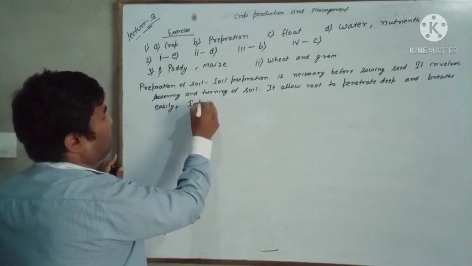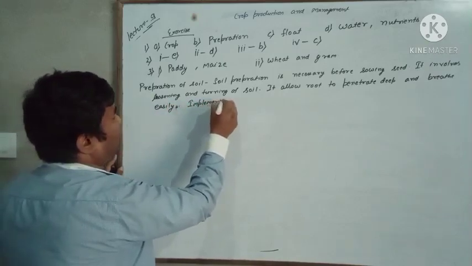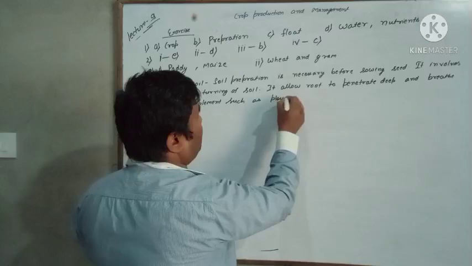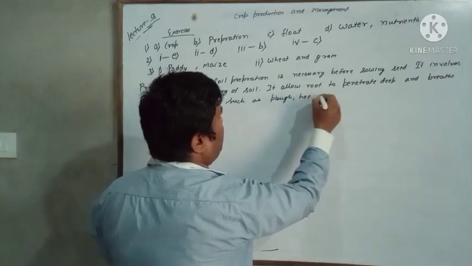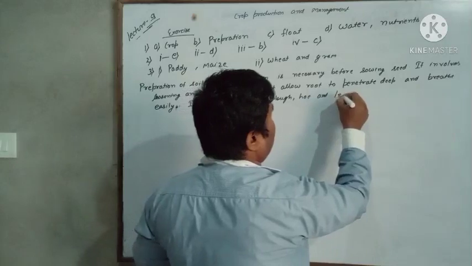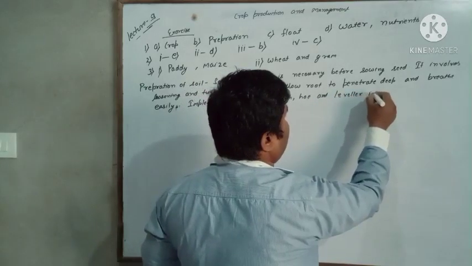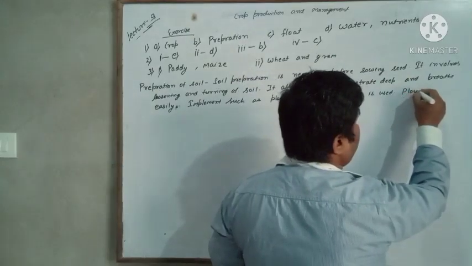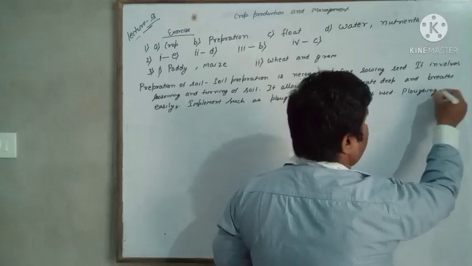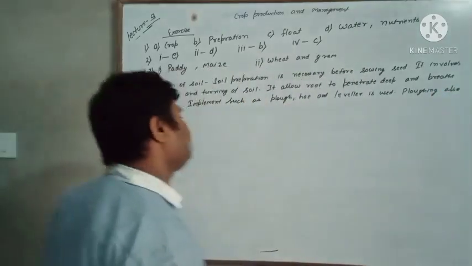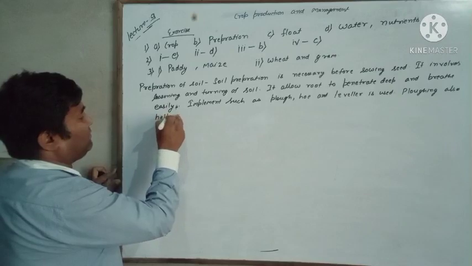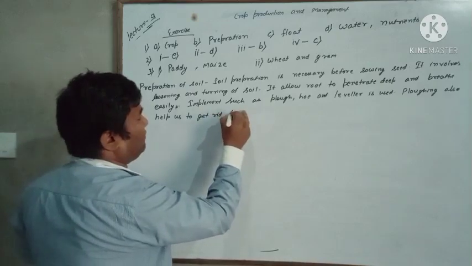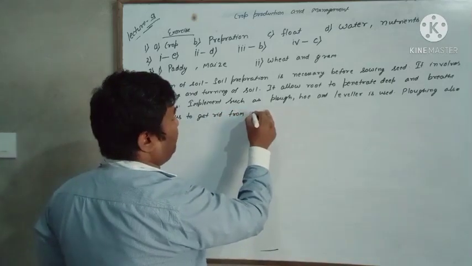Implements such as plow, hoe, and leveler are used. Plowing also helps us to get rid of weeds.